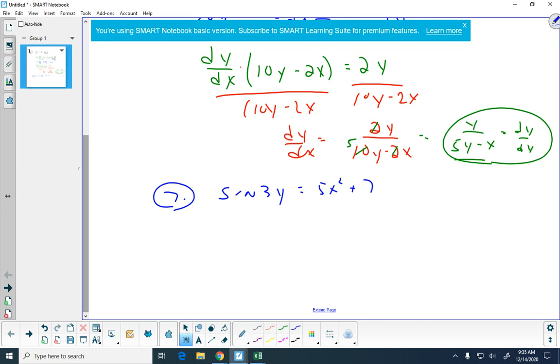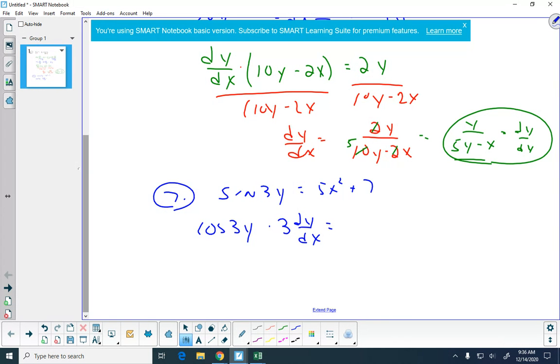Taking the derivative, Brandon, what do we have when we take the derivative of sine of 3y? You get the cosine of 3y times 3 dy dx.